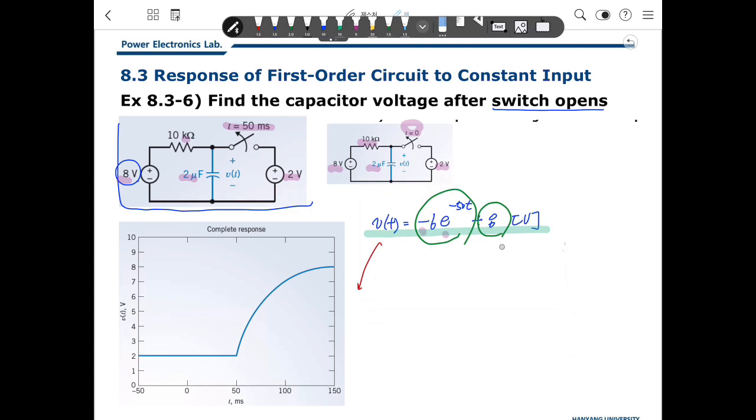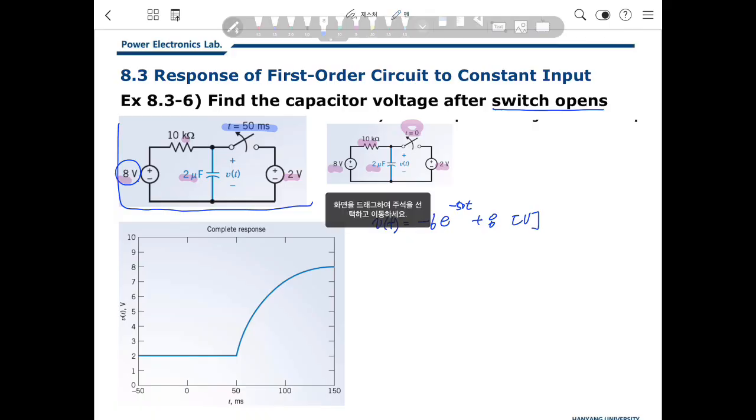That was the solution over here. You compare over here. The only different thing is the values.